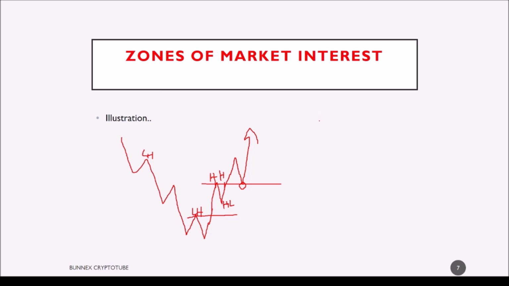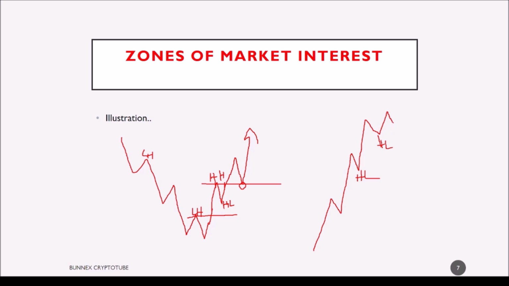Let's say we had an upward trend, right? In this upward trend, we had these higher lows, and this was the last higher low.